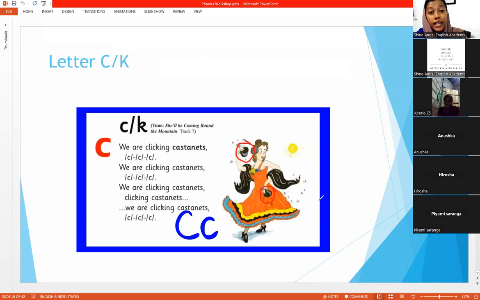You're going to make your hands like a castanet and then we are clicking castanet. Okay, so that is the letter B. Both have the same sound.